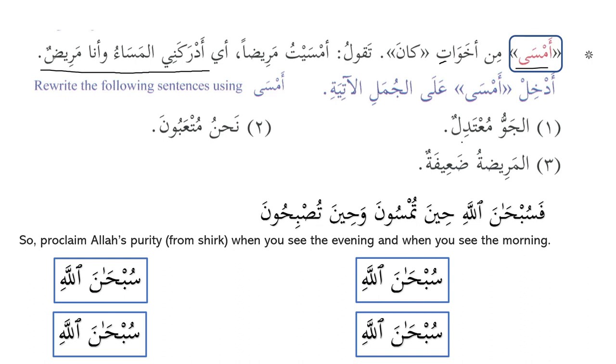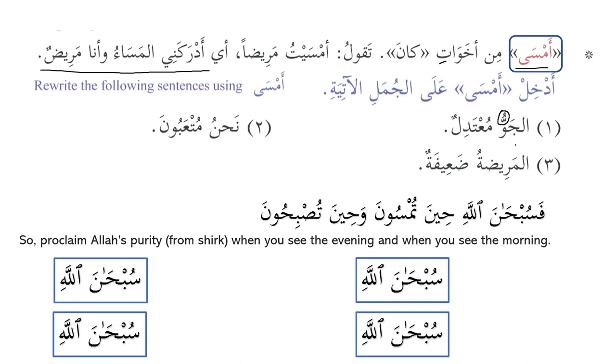الجو معتدل. The weather is moderate. Now you want to say in the evening the weather became moderate. أمسى الجو معتدل. Are you sure? Should it be jawu or jawa? Jawu, okay. So it's the sister of kana. Remember one Kana example: kana Allahu aliman hakima. Okay, but there is a mistake.